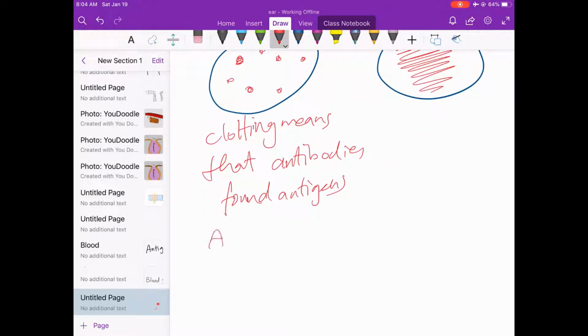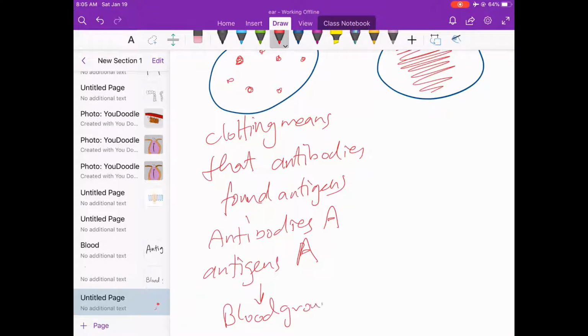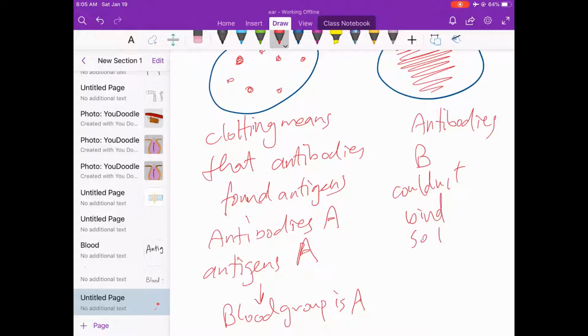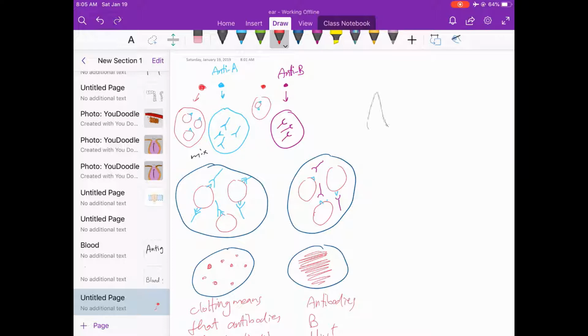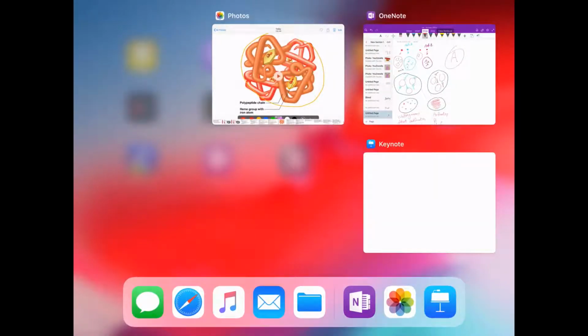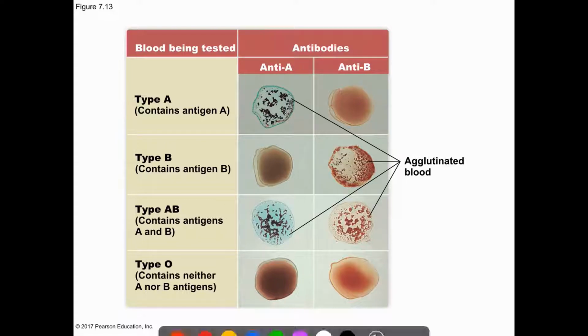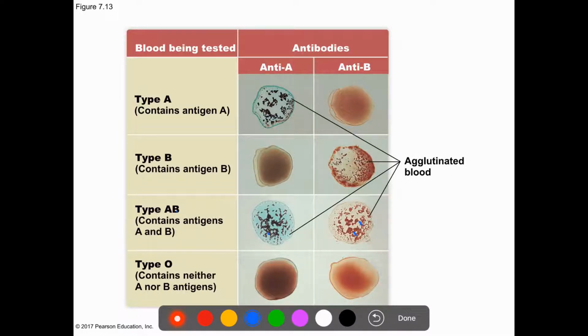And since we know that the antibodies are for A, then the antigens are for A, then the blood group is A. Here, antibodies B couldn't bind, so no antigens B. In this case, the blood group is A. And as you can see here, when we have clots in both, then this is the AB.